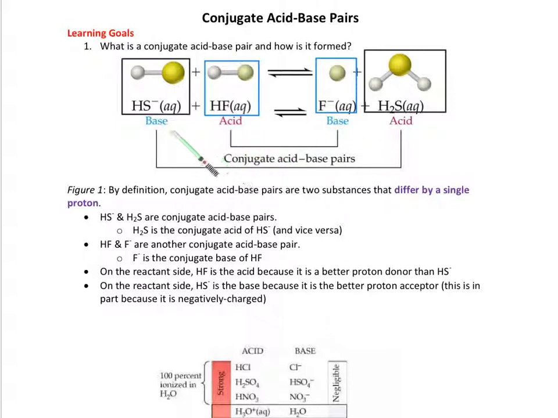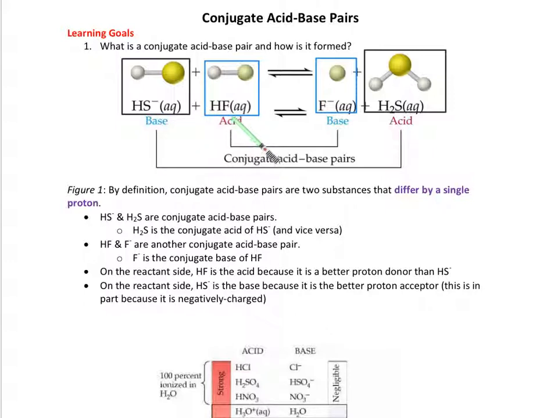Note that with the first combo, the HS- is acting as the base out of the pair, whereas the H2S is acting as the acid, and this is because the H2S is a better proton donor than HS-, and conversely, HS- is a better proton acceptor, which makes it a base, than H2S.